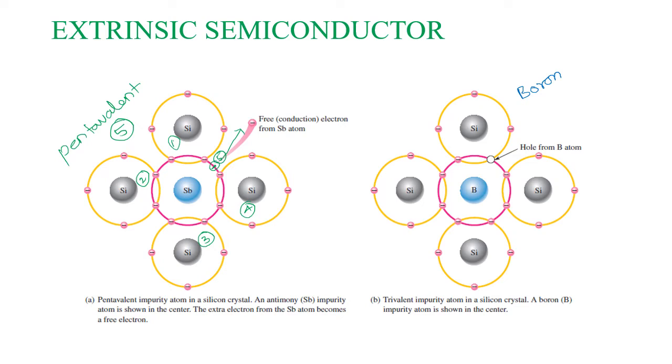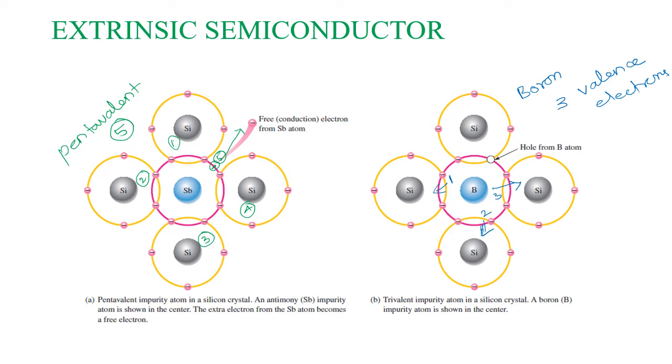Boron is having 3 valence electrons. All right, so here you can see that boron can share 1 with this silicon, and another 1 electron with this silicon, and the 3rd electron with this silicon atom.